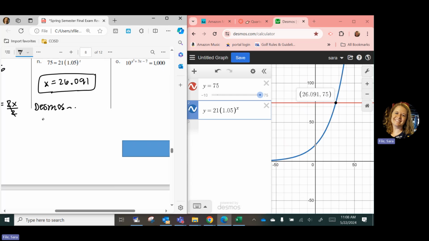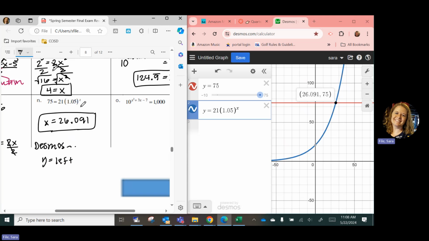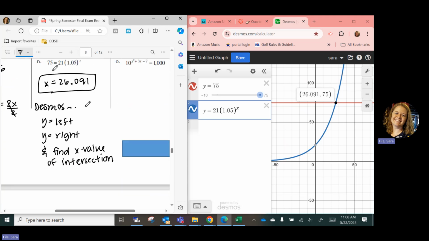I did y equals the left, y equals the right, and find the x value of the intersection. We could have done that on all of these in this whole section. So you could go back and try those and make sure you've got the hang of it.